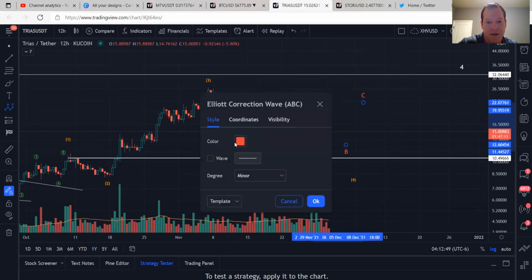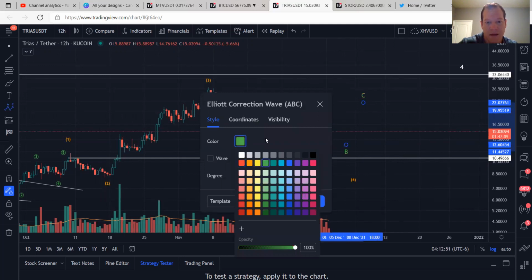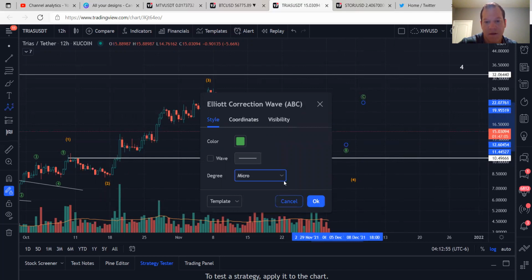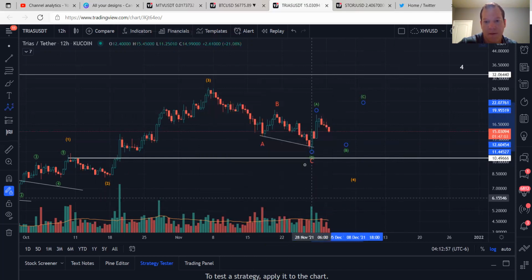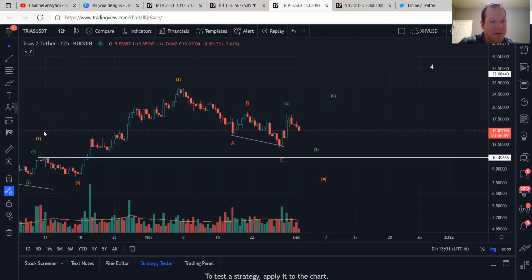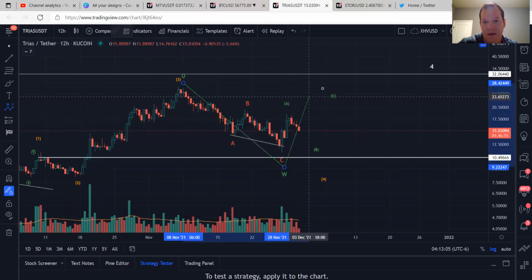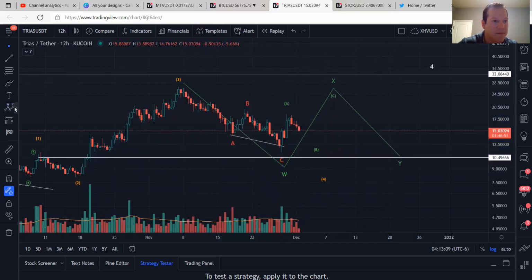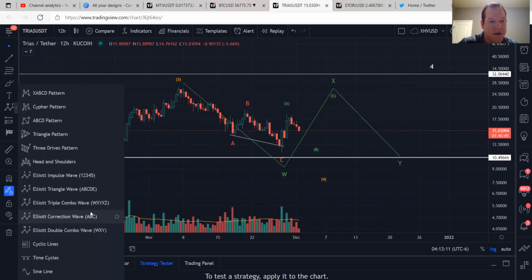Let's change the color of that, and let's change the size of it. So what this would be creating would be a WXY complex correction.